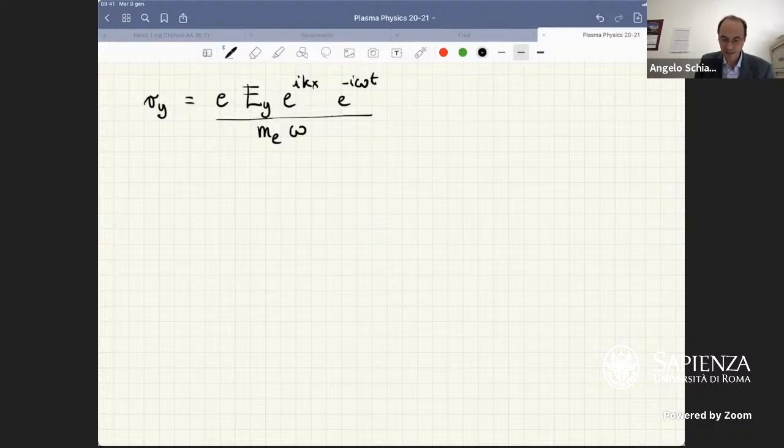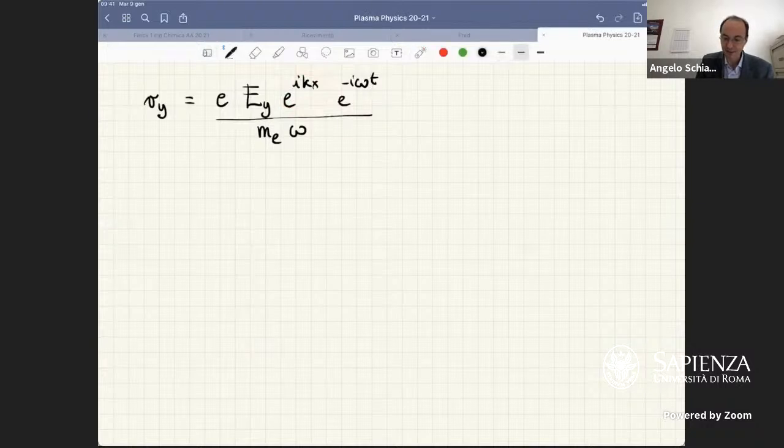times omega, the frequency of the wave. So this here is just a constant phase term, okay? That depends on the position of the electron along the x direction, and that is fixed. So it's what we call a phase term.